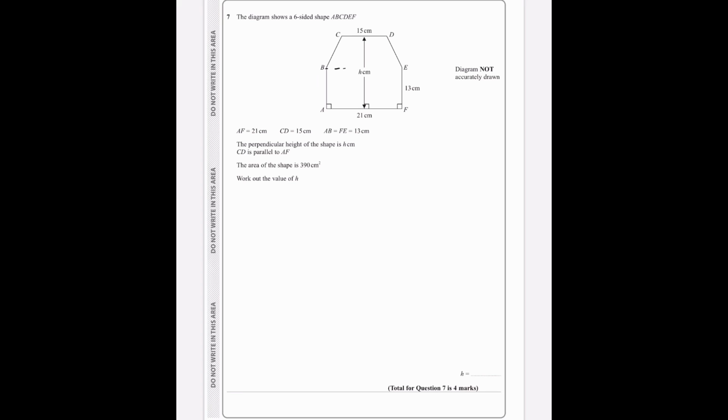Question 7 is a compound shape. We have a rectangle and a trapezium. The height of the trapezium is going to be h subtract 13. So a complete equation for the area of the whole shape. I'll start with the area of the rectangle, 13 times 21, and then add the area of the trapezium, that's half the sum of the parallel sides times the distance between them.